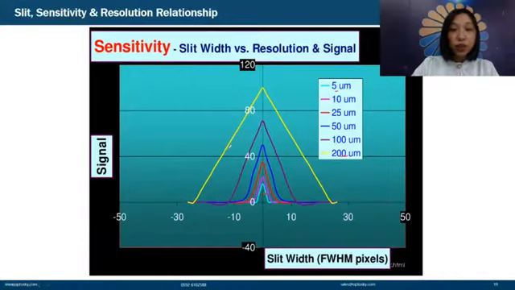And if you use 200 micrometers, the resolution is much worse. So the wider the slit size, the poorer the resolution. However, the signal is the highest. So it can vividly tell the relationships of the sensitivity, the resolution and the slit size.